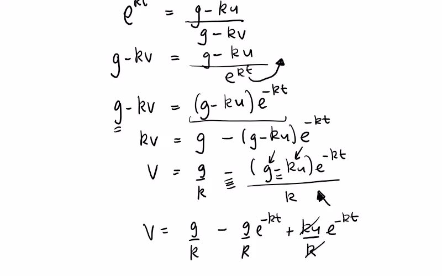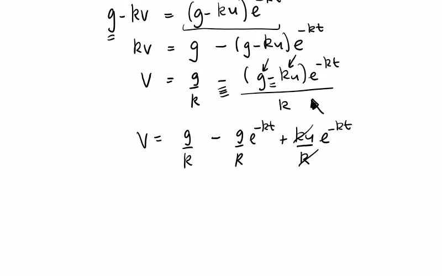And this is where we're going to get that u within the question. So v is equal to g over k minus, now what's common to both of these? We have e to the power minus kt, but they want it at the end. So let's just put it at the end. g over k plus u. Now is this going to be a plus u?